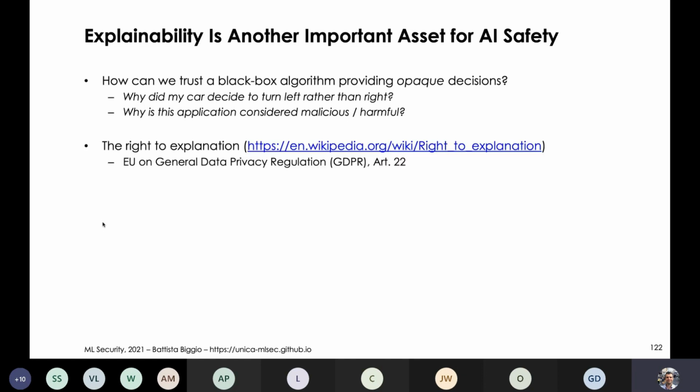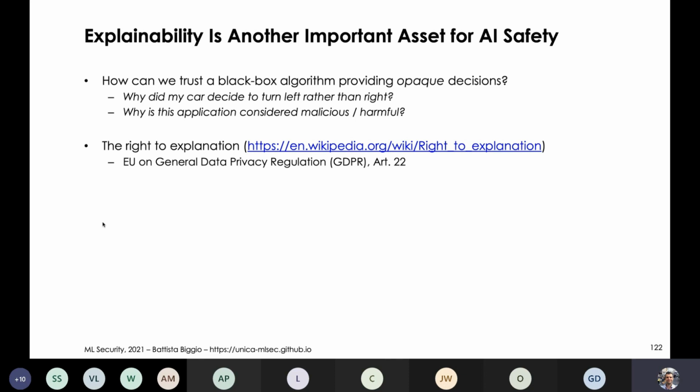There is also another important point from the legal perspective, which is that the European Union has stated this GDPR regulation. I think you know that. And within this regulation, there is one article specifically devoted to machine learning algorithms and the right to explanation.